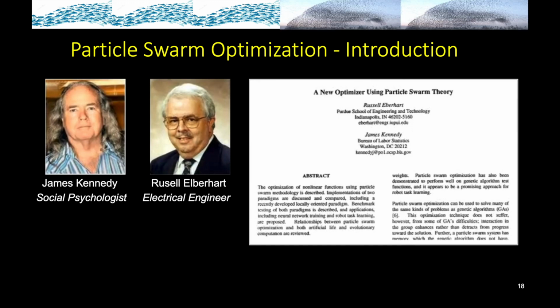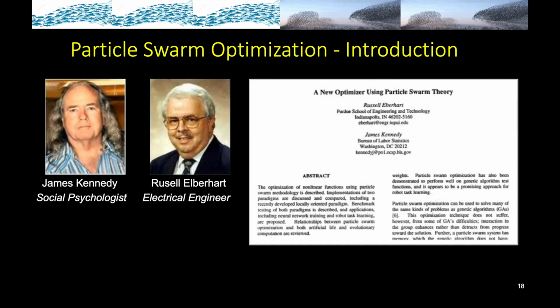Initially, PSO was introduced by James Kennedy and Russell C. Eberhart in 1995. Originally, they were working to develop a model to describe the social behavior of animals like a flock of birds and a school of fish.